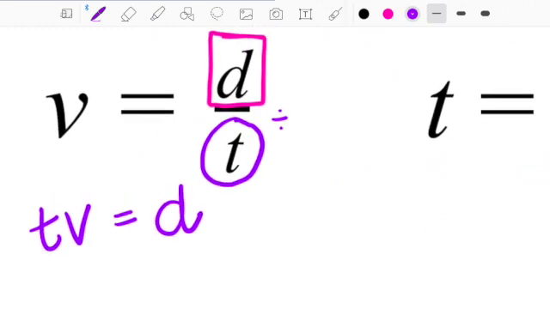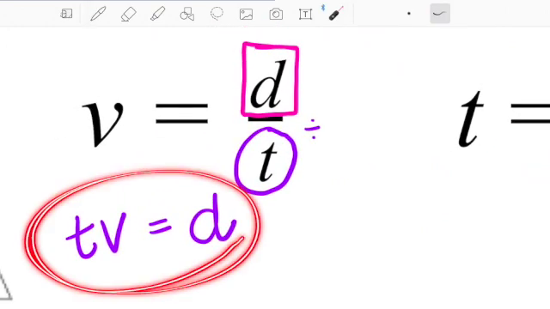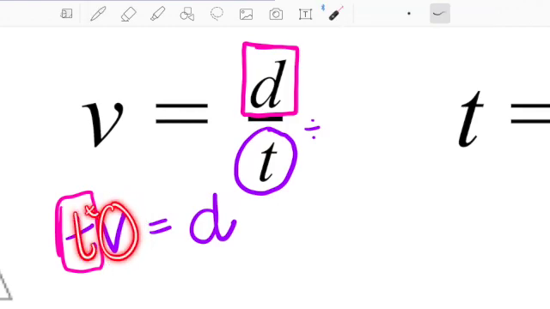And now if you want to find time, well, you would need to do it double, okay? You need to do first this one, and then you want to find time. So if you want to find time, you have to apply another rule again to bring velocity. Velocity here is multiplying time.